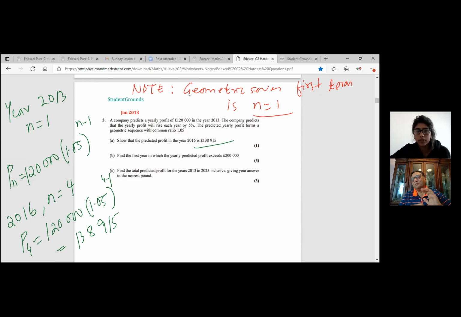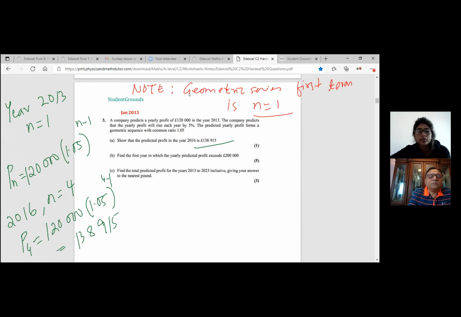Earlier I wrote the initial value as P0, the starting point, as 0. But in geometric series, we explicitly say term number 1, term number 2, and therefore we have n minus 1. We'll keep this in mind.